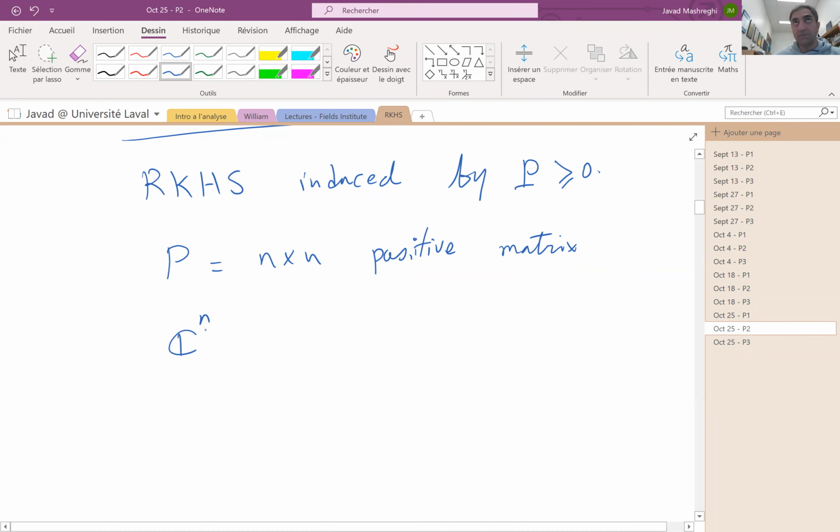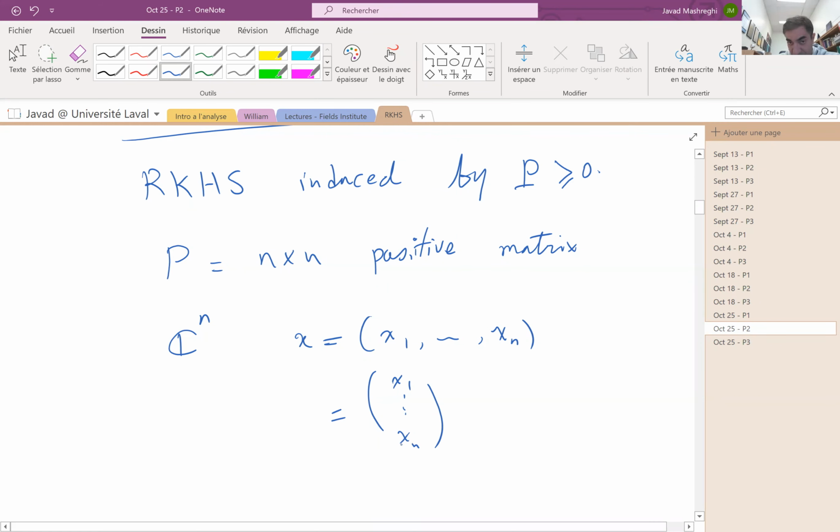What is C^n? Most of the time we can say that C^n is the set of vectors of dimension n, and we think of elements of C^n as vectors like this, sometimes vertical vectors. It depends on the context.